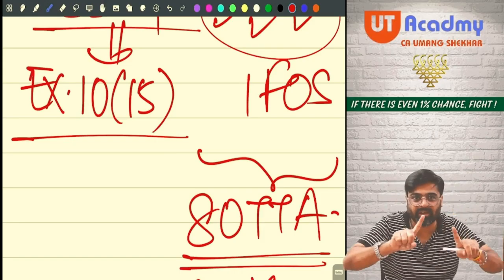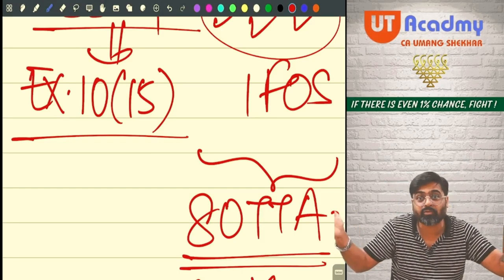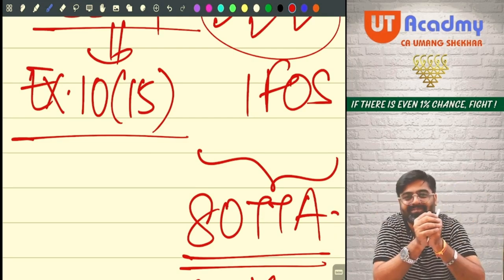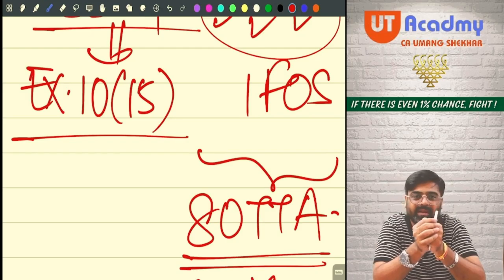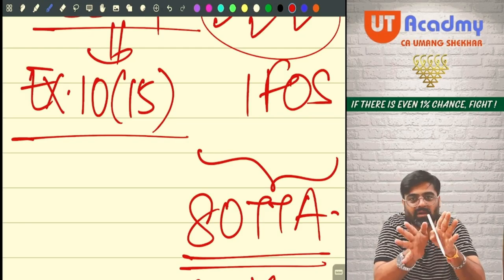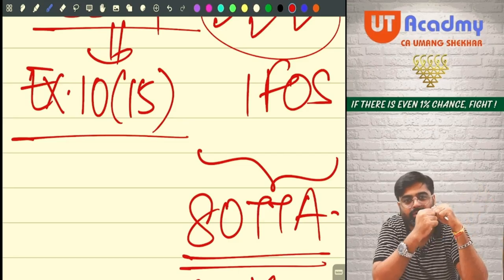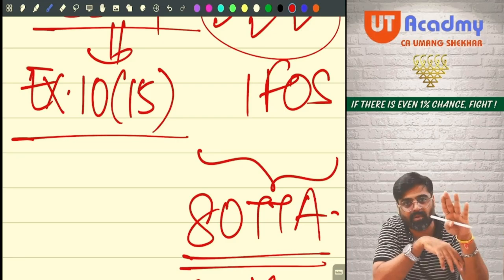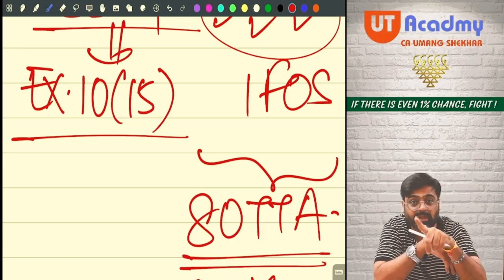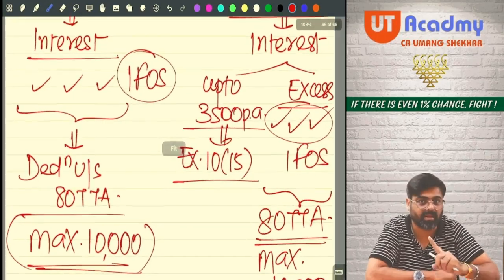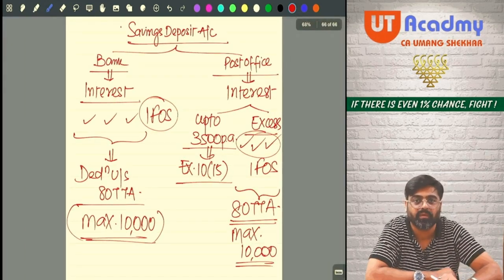That 10,000 is not separate for both interests. It is for the total which you are showing taxable under IFOS. Everyone understood? Don't worry, this part will come again when we do total income calculation, GTI calculation, tax liability, deductions and all. I have already discussed this point in the first chapter. You have to remember it at that time.